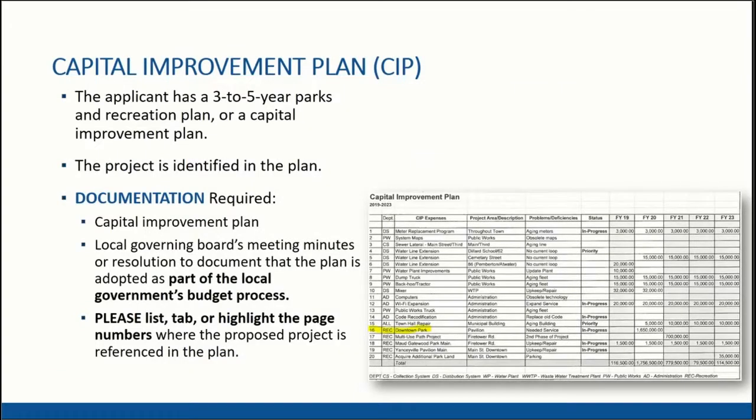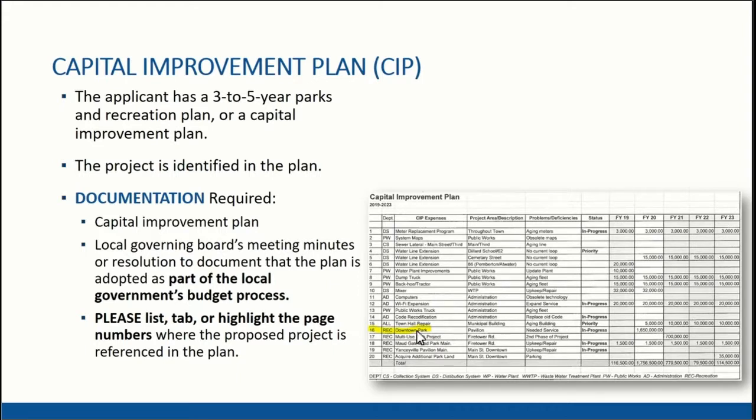So when you submit your CIP, we recommend that you submit the entire document. I know a lot of the larger jurisdictions it's pretty large, but submit that. Let us know where it is documented in the plan. Please tab or highlight the page or page numbers. So in this example, you can see that it's everything within the community, public works, administration, and here's the recreation codes.